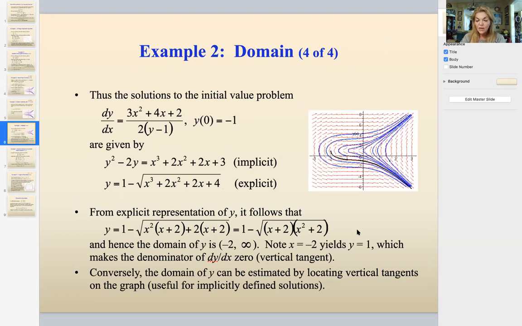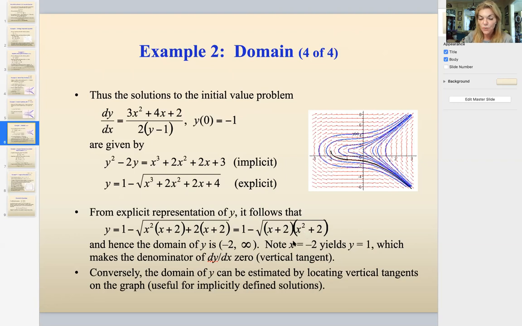Okay. So for the domain of this function, what's under the square root sign has to be positive. The second term, the x squared plus 2, is always fine, but the x plus 2 has to stay positive. So that means x has to be bigger than minus 2. And when x is minus 2, that makes the square root 0.